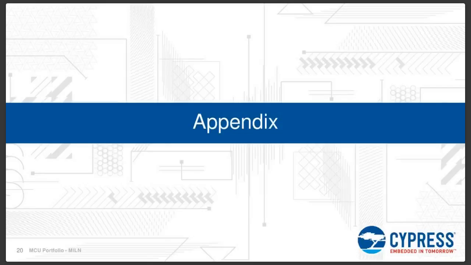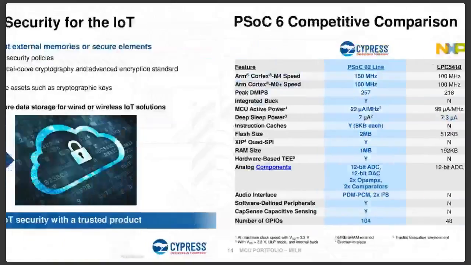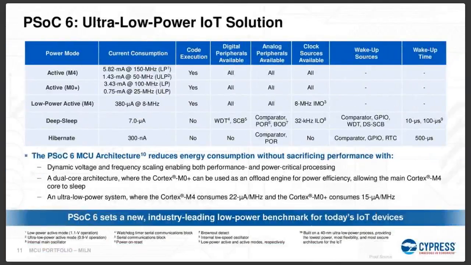I have another question, related to deep sleep. I saw that in the comparison you showed, for the deep sleep current, Cypress is on the average of the market, but Silicon Labs is much lower.